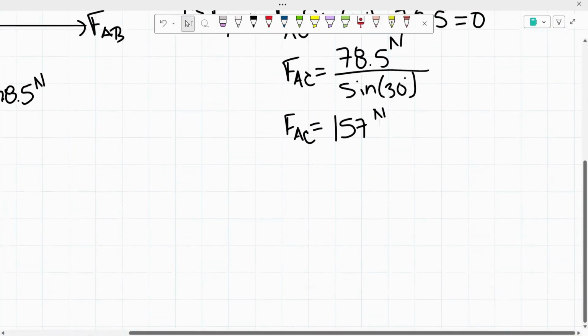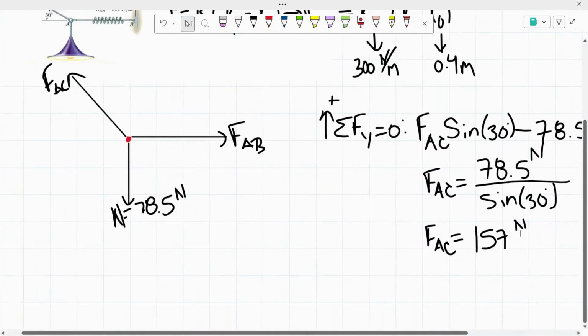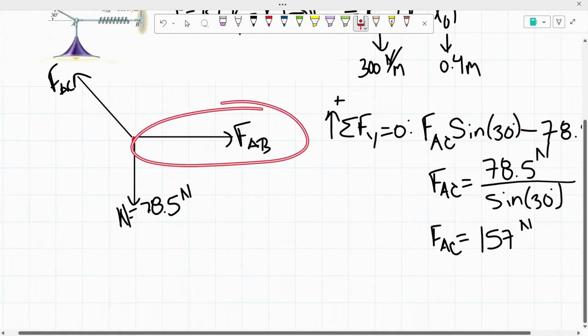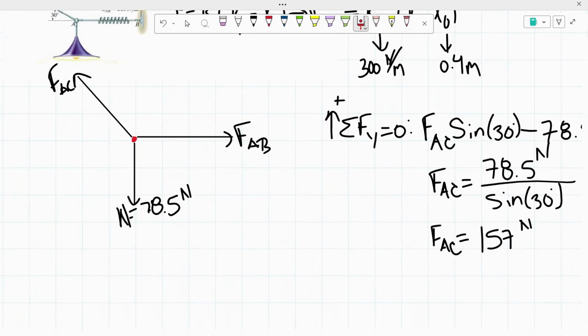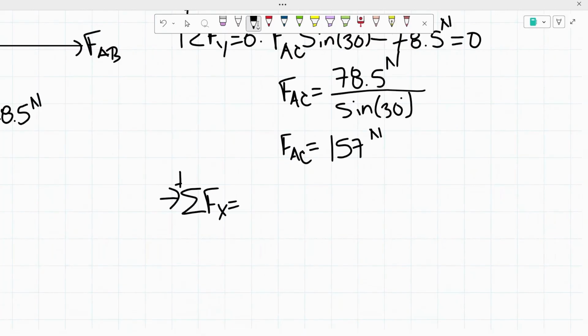From there, what we're going to do is find the force of AB. The force of AB is in the x direction. It's horizontal. So to find the force of AB, we're going to make sure that all of our x components are in equilibrium. So the sum of all of our x components has to equal 0.